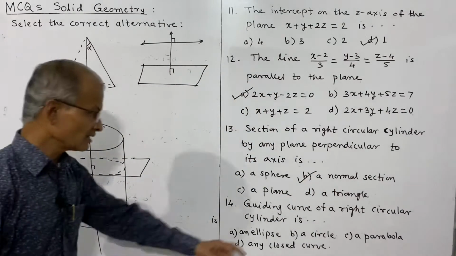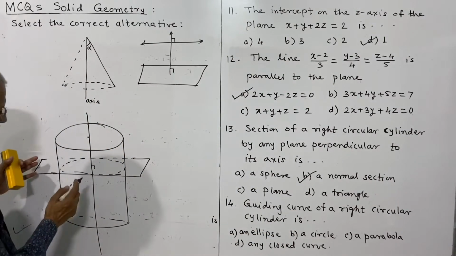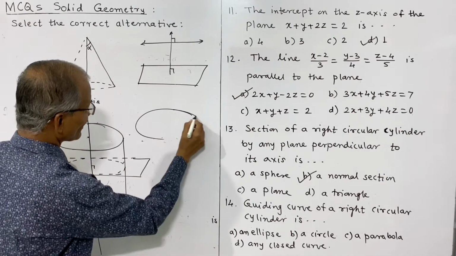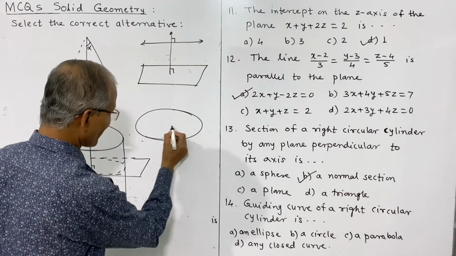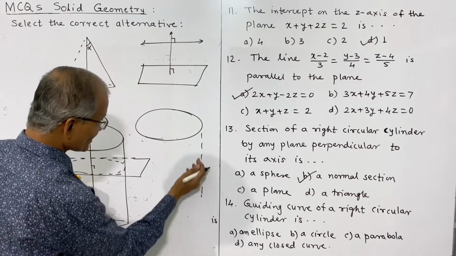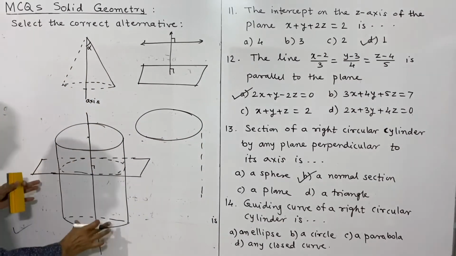Guiding curve of a right circular cylinder is which one? A right circular cylinder is generated by a line intersecting a circle. The line is intersecting and parallel to the plane of the circle. So if this line is rotated along this circle, we will get a cylinder of this type.